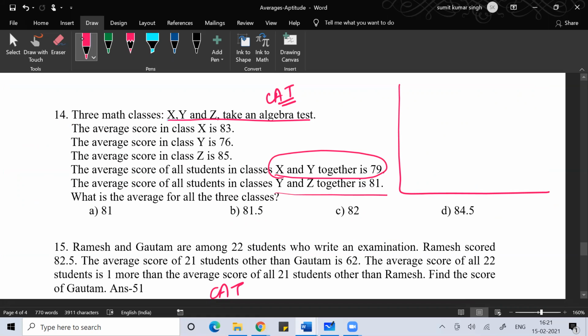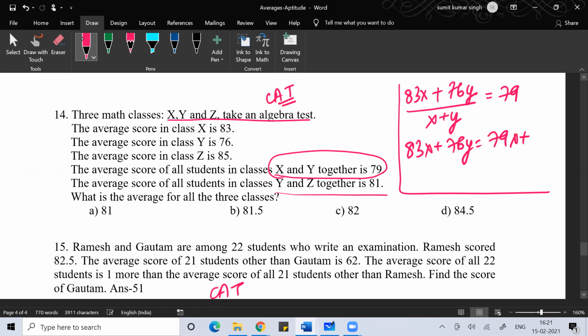So the total is 83x plus 76y, divided by x plus y, and the average is 79. So I can write 83x plus 76y is equal to 79x plus 79y. So I can say 4x is equal to 3y, so x by y is equal to 3 by 4.